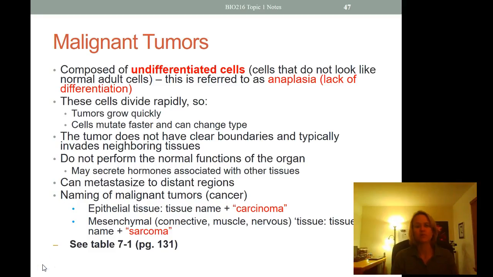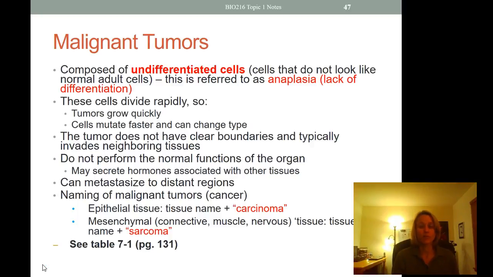Malignant tumors are composed of undifferentiated cells. These are cells that don't look like normal adult cells, and they don't function like these normal cells either. Another term used to describe it is anaplasia, or lack of differentiation. These cells divide rapidly, so the tumors grow very quickly. The cells mutate faster and can change type. The tumor doesn't have clear boundaries, it's not encapsulated, and it can invade neighboring tissues.